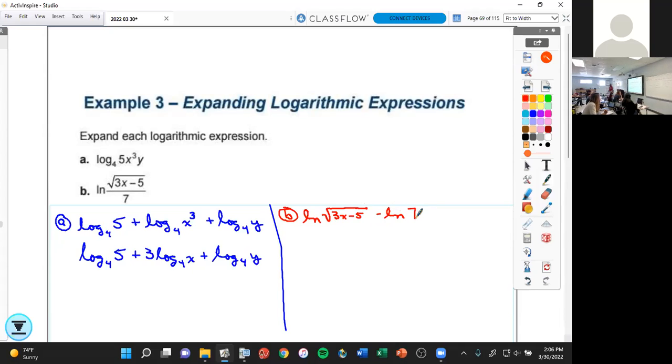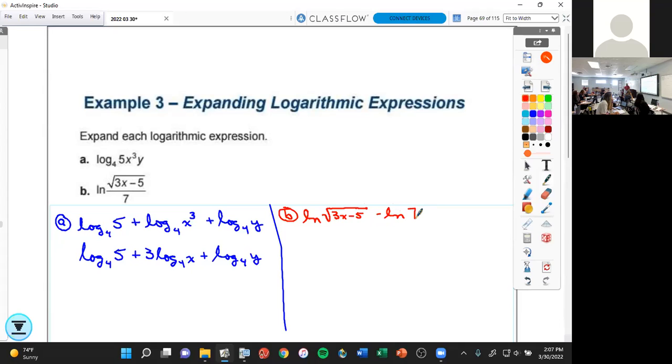Y'all are going to have to think about this. I'm going to make a statement. No, I'm not done, because there is an exponent up there I need to move. How do you write square root as an exponent?